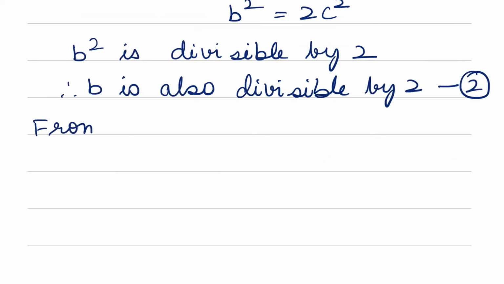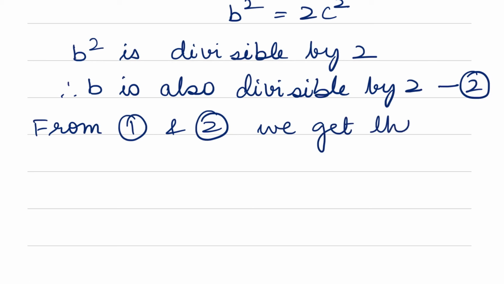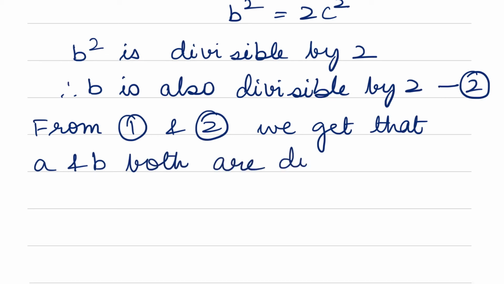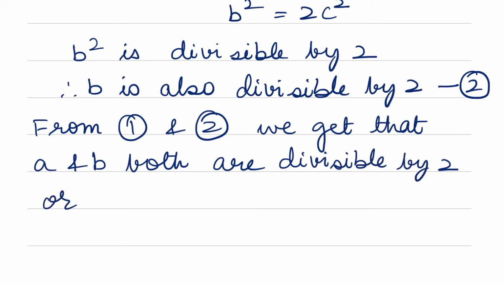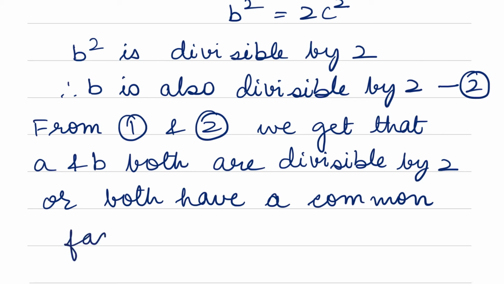Now from the first and second statements, we get that A and B both are divisible by 2, or we can say both have a common factor 2.